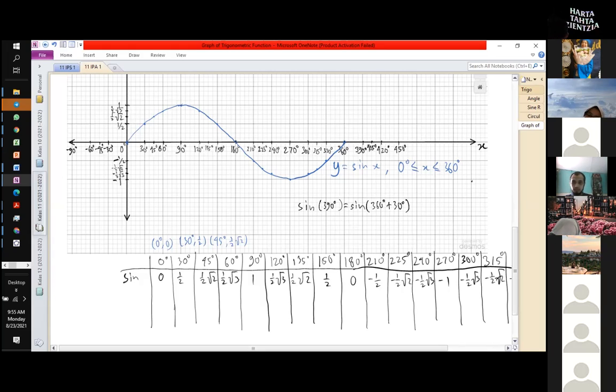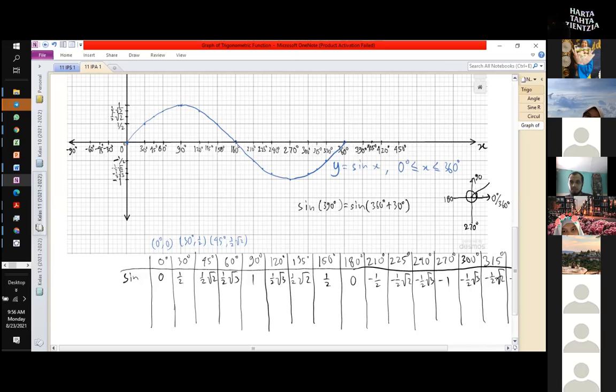So if you draw the quadrant, it's 0 and then 90, 180 and 270. Yeah, you go back to 360 here. So if you put, for example, 390 degrees, it's actually 1 rotation plus 30 degrees, yeah.